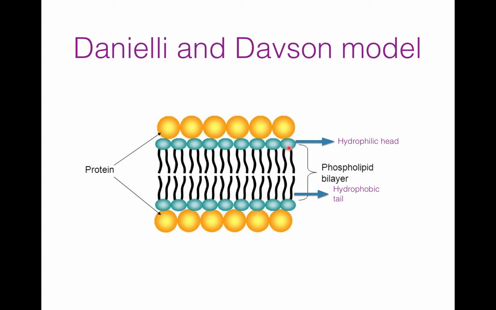Each phospholipid molecule is a polar molecule and it has two specific ends. First is hydrophilic, that is polar or glycerol or head, and second is hydrophobic, non-polar or fatty acid or tail end. So each phospholipid molecule is an amphipathic molecule.